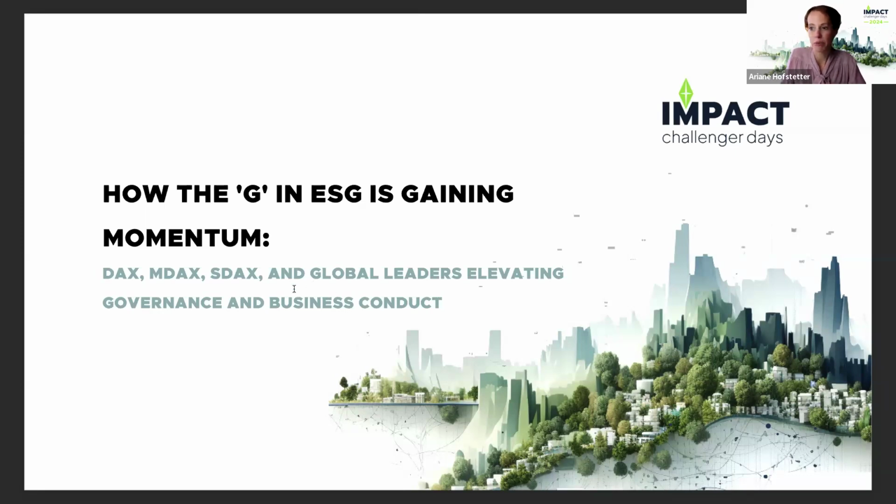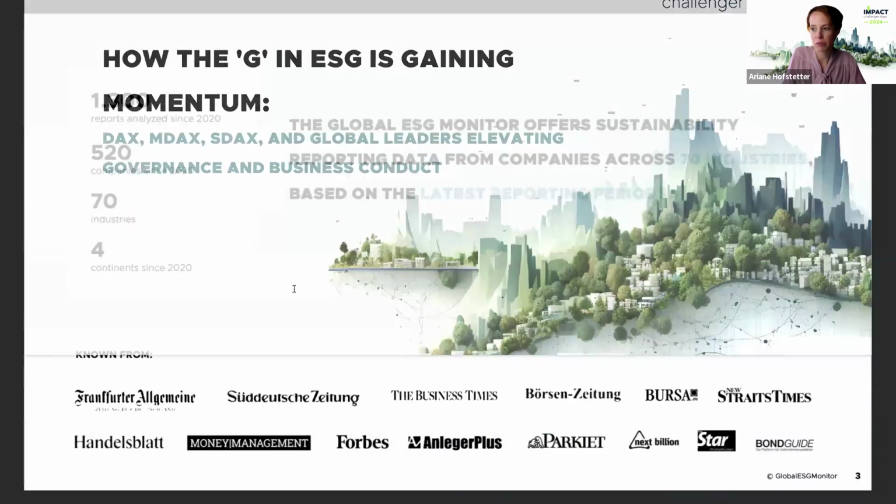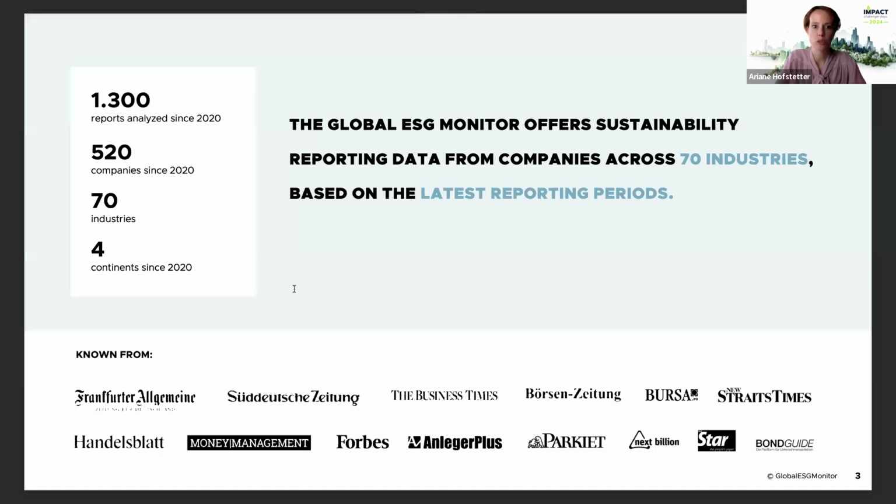Before I start, I would like to tell you a little bit about the Global ESG Monitor in case you don't know us yet. We have the mission to analyze corporate sustainability reporting, and we have done this for a couple of years now, having analyzed 1,300 reports so far from over 500 companies, from 70 industries and 4 continents.